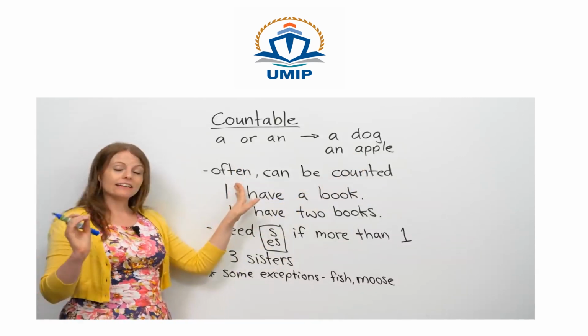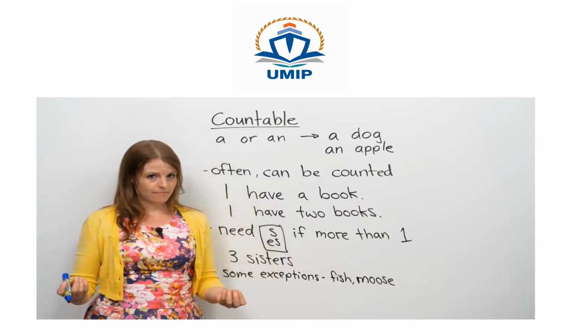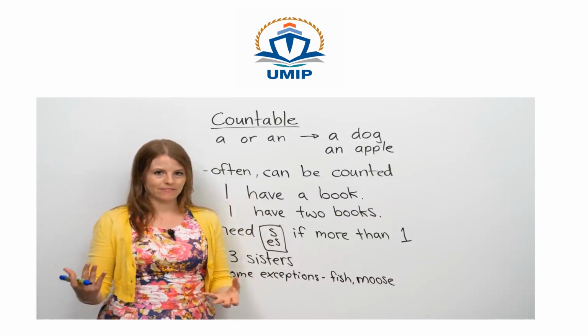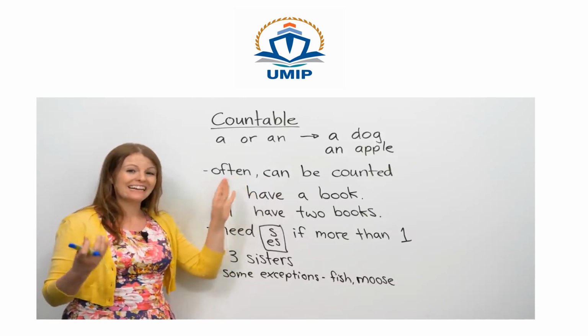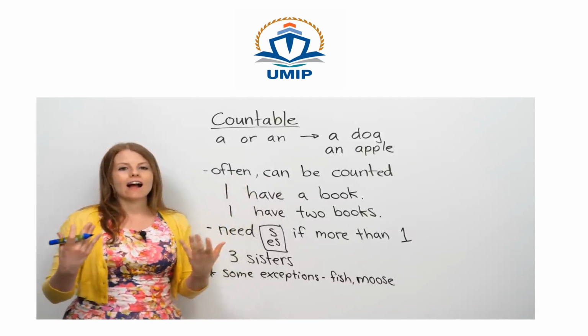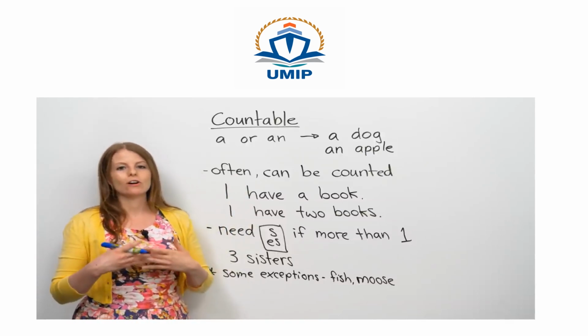So the second thing you need to know is that with countable nouns, a lot of the time we can count them. A countable noun is something you can count, usually a thing, or an animal, or a place.